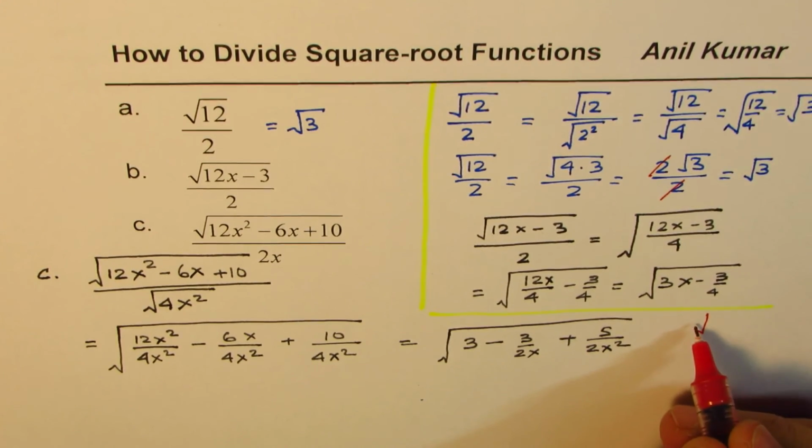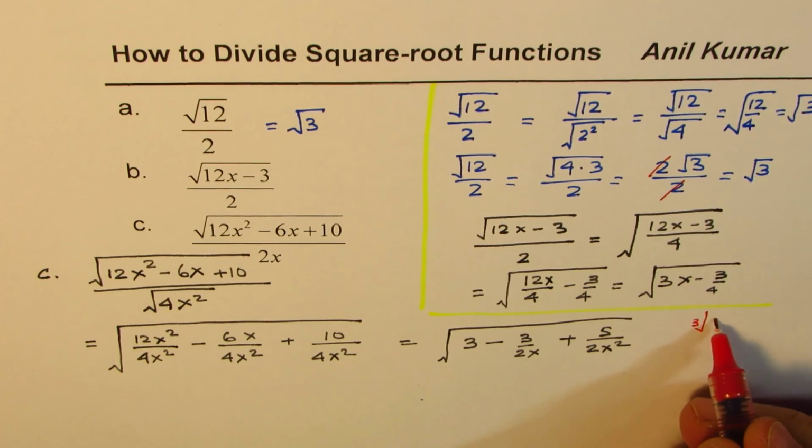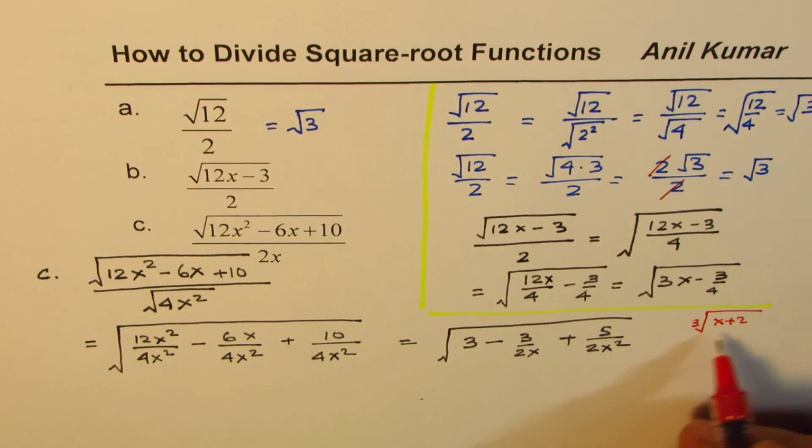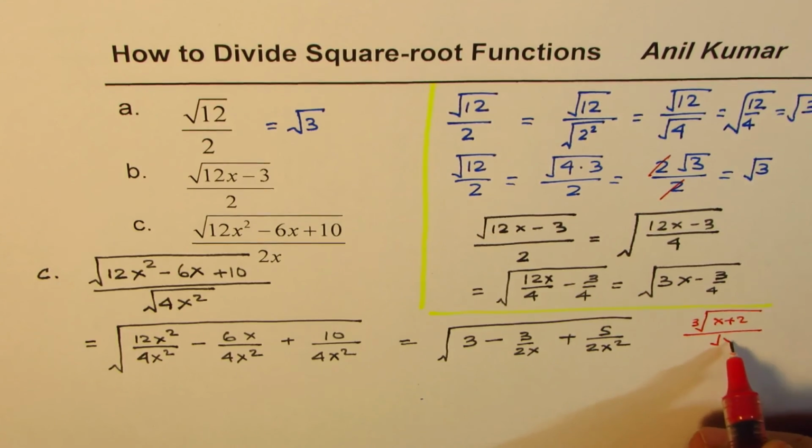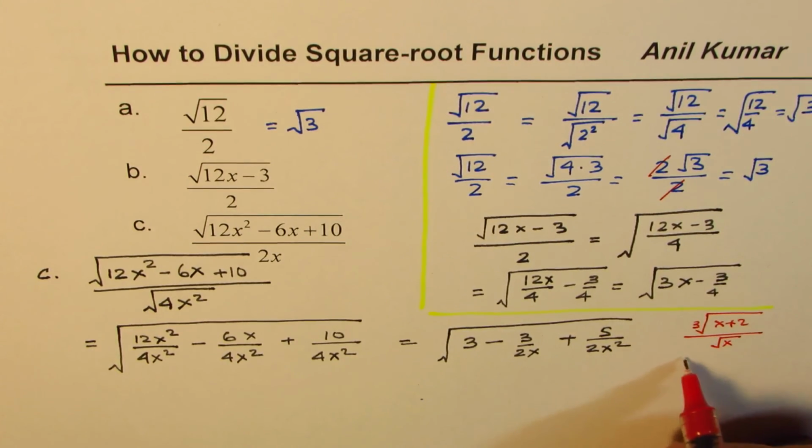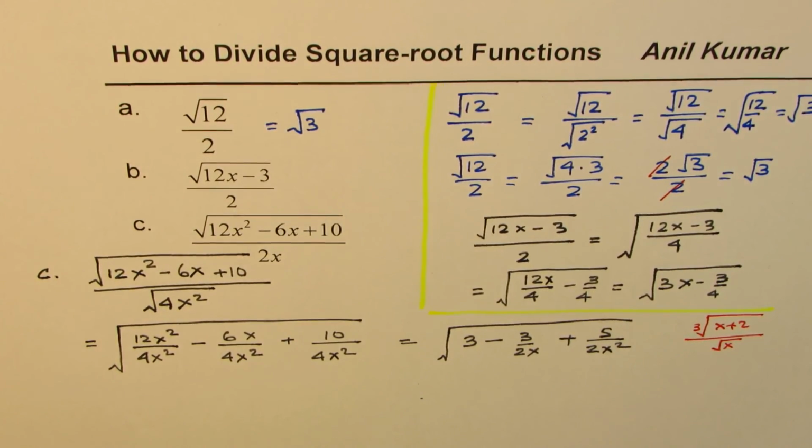So we are trying to find a solution to cube root of, let's say, x plus 2 divided by, let's say, square root of x. Let us say that is the question which we need to work on, and we need to really understand the concept to get to that place. So we are gradually moving. We'll take 2-3 videos in steps to understand. My request is to go through them all. I hope you appreciate it. Thank you and all the best.